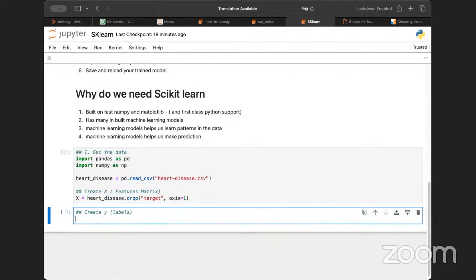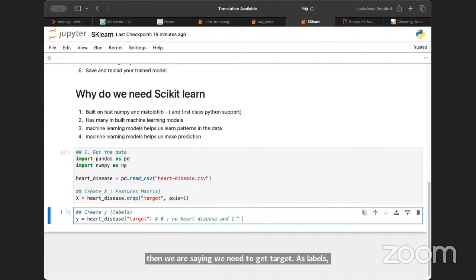We can basically say Y equals heart disease. And then we are saying we need to get target as labels. In here, 0 means no heart disease, and 1 means has heart disease. Right? This is what we are clear with our data set up until now. Right?